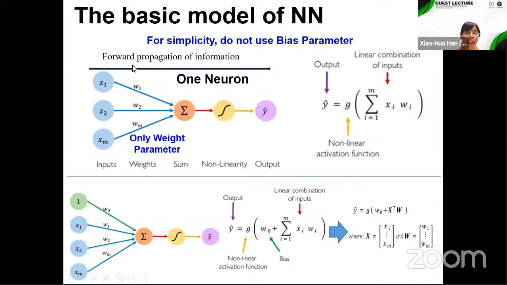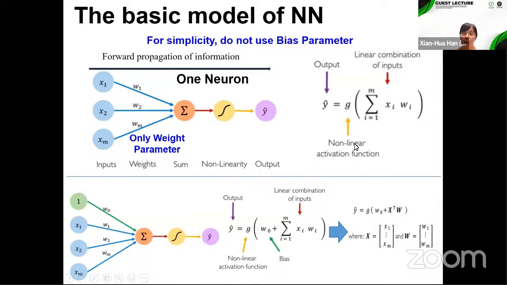For each input we have a corresponding weight, and the input value multiplies its corresponding weight, and all the values are summed together. Finally, we use a nonlinear function to get the output of this output neuron.